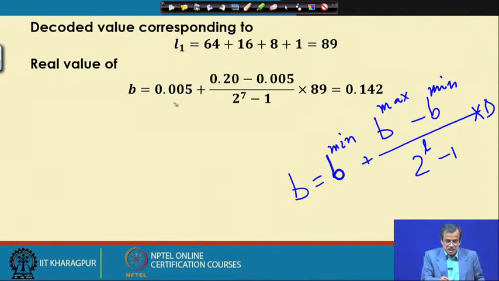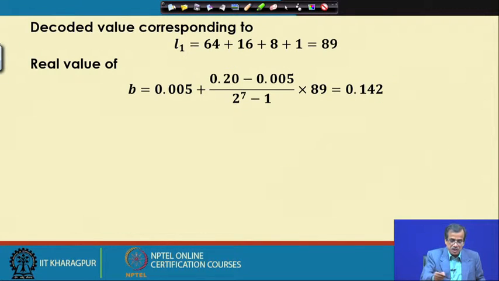Now, I can use this to find the real value for B. Here B minimum is 0.005, B maximum is 0.20 and small l is equal to 7, there are 7 bits, so 2 raised to the power 7 minus 1, multiplied by the decoded value, and if I calculate I will get 0.142. So, this is the real value corresponding to B.